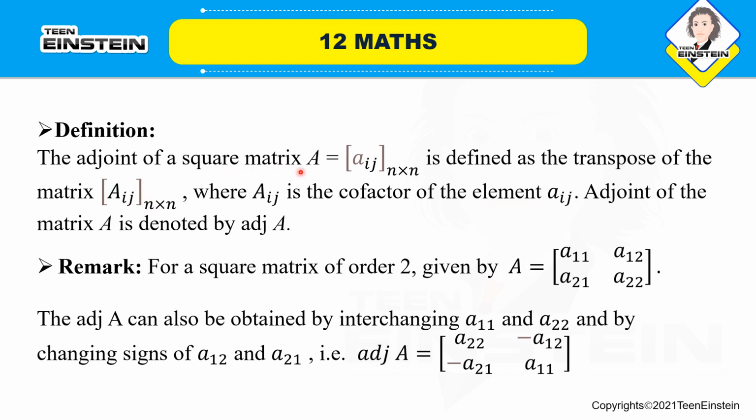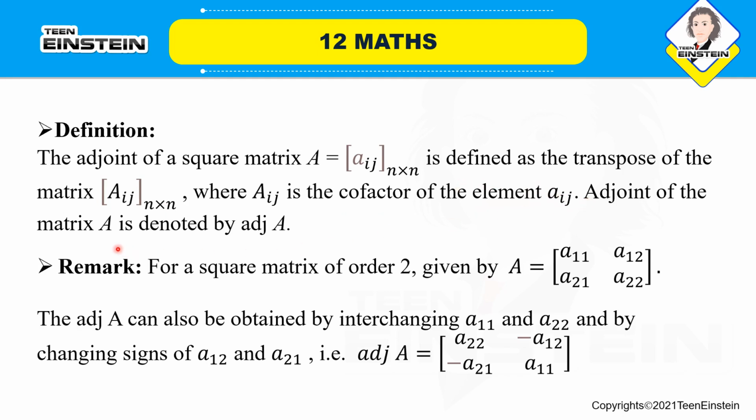So the adjoint of a square matrix A is the transpose of the cofactor matrix, where capital Aij is the cofactor of the element small aij. This is the definition of the adjoint of a square matrix A.